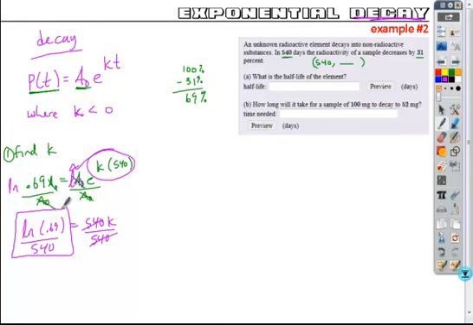So when you are looking to solve this problem, what you're going to do is use the definition of half-life.